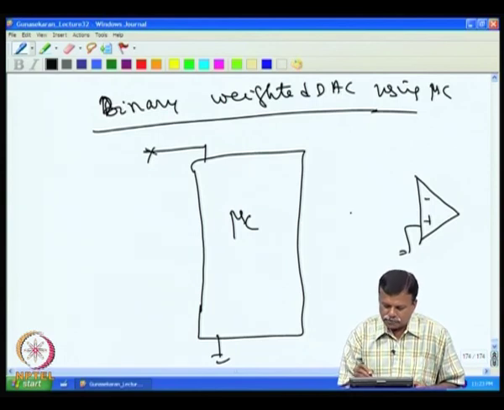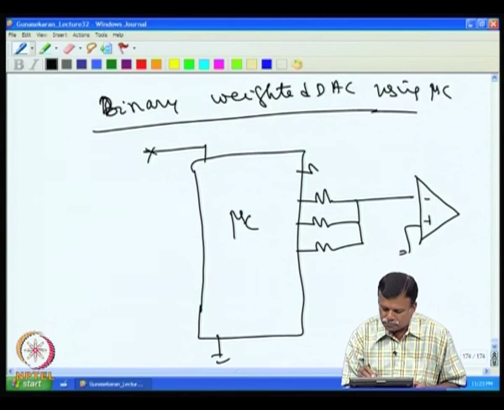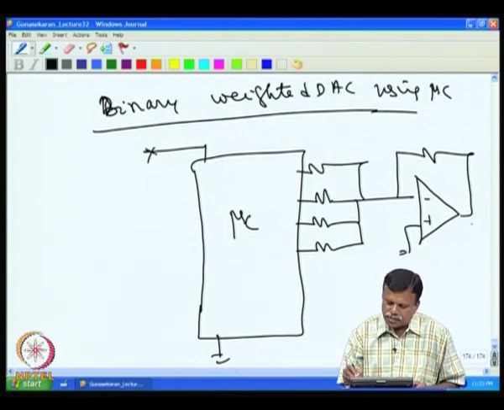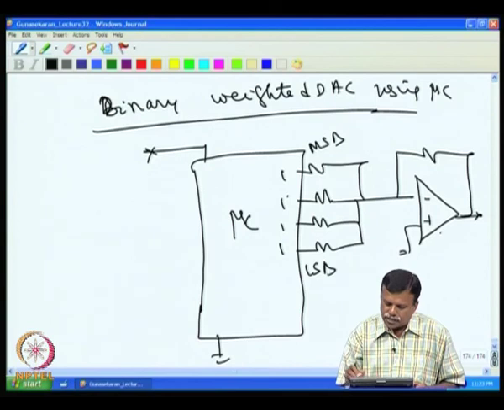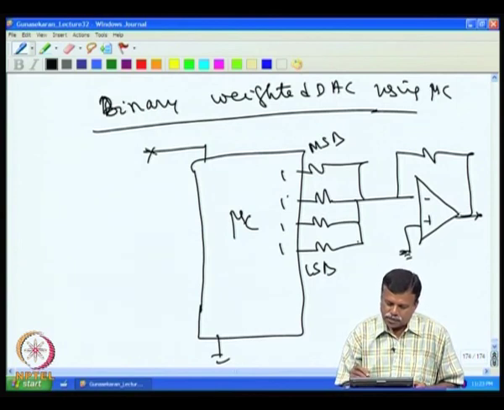For example, I can have resistances connected to each one of them. For a 4-bit converter, if all of them are 1, for example, this is MSB and this is LSB, then I will have the output voltage corresponding to the digital word. Of course, the resistors are to be scaled correctly.